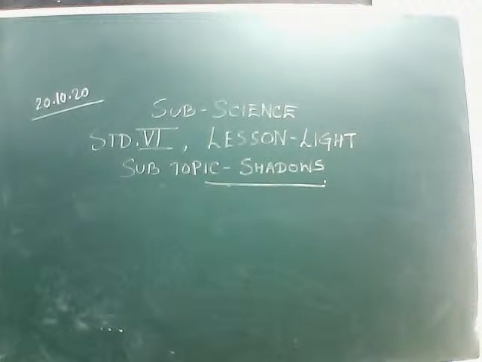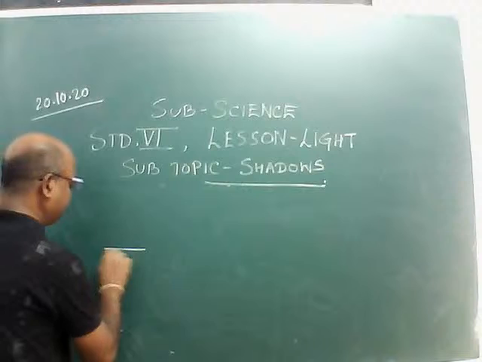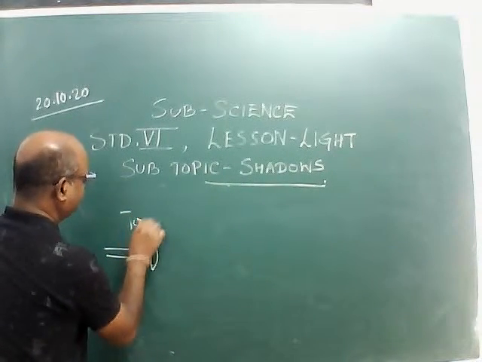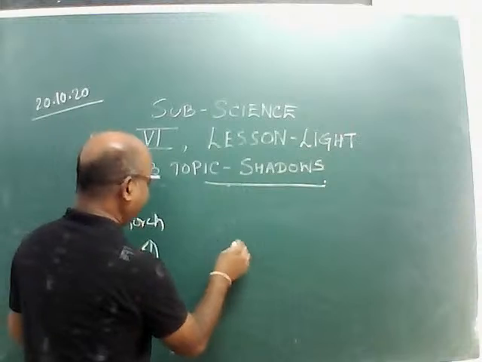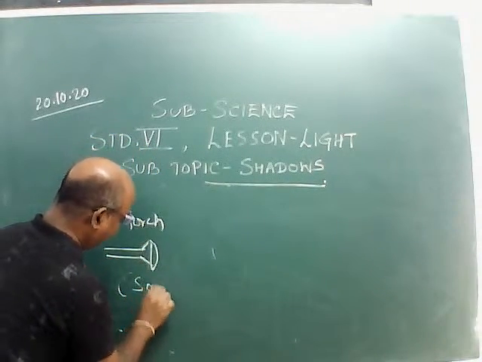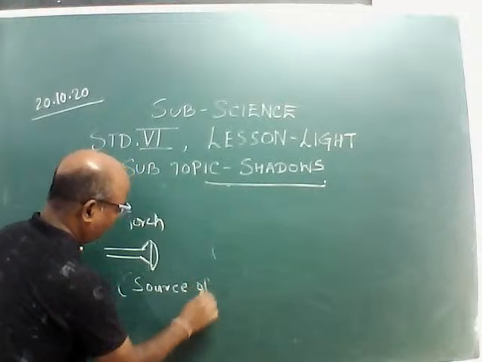Okay, one more thing is there, that is the shadow on the screen. Suppose this is the torch, and here is the source of light, and here is the opaque object.